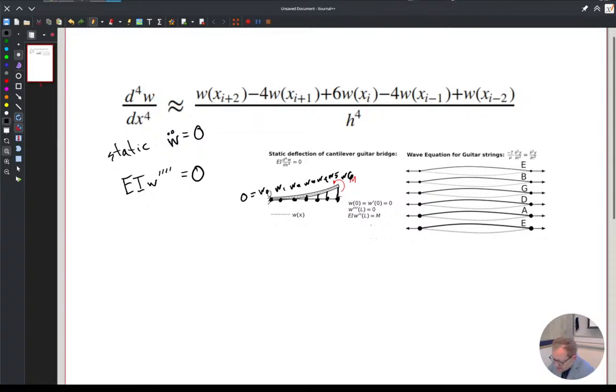W prime is also 0, and that's going to be helpful when I try to figure out what's happening at W1. And then there's no shear at L, so W triple prime of L is also 0, and W double prime at L equals M over EI. So we're going to need definitions for first, second, third derivatives.